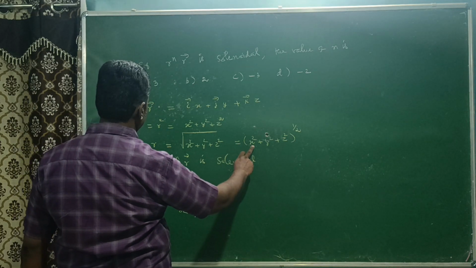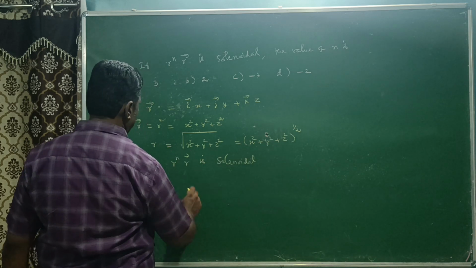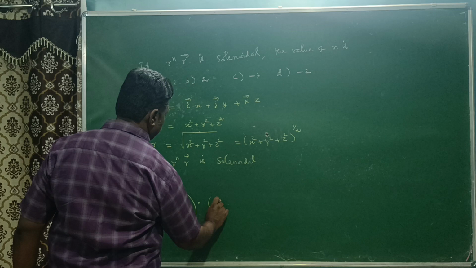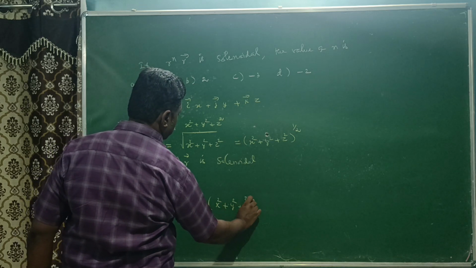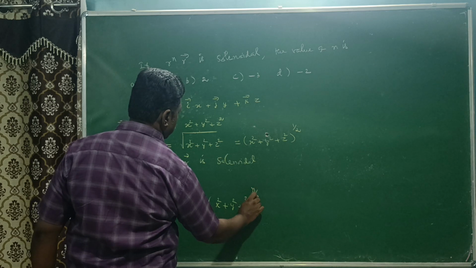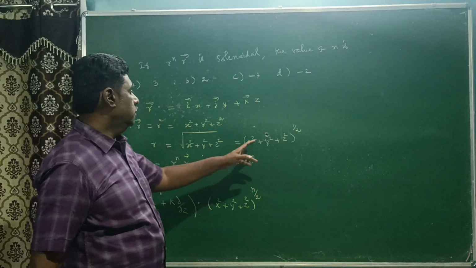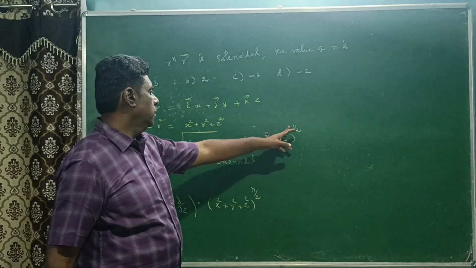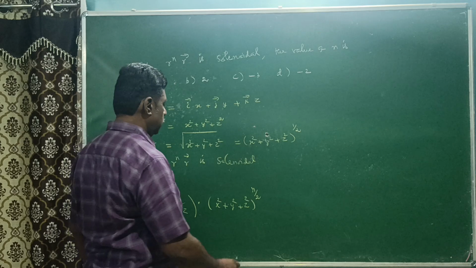Here r is (x square plus y square plus z square) power half. R power n is (x square plus y square plus z square) power n by 2, into vector r.